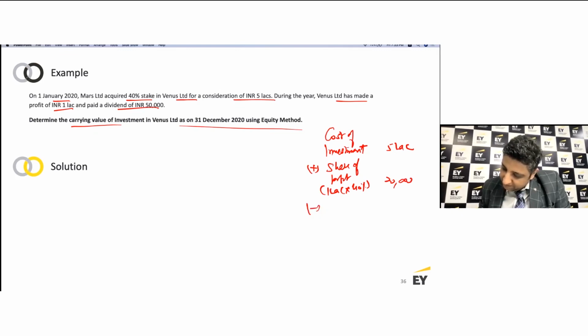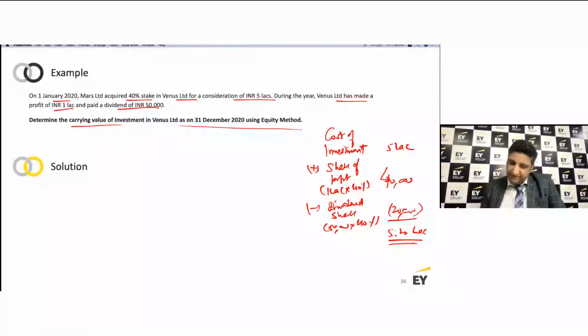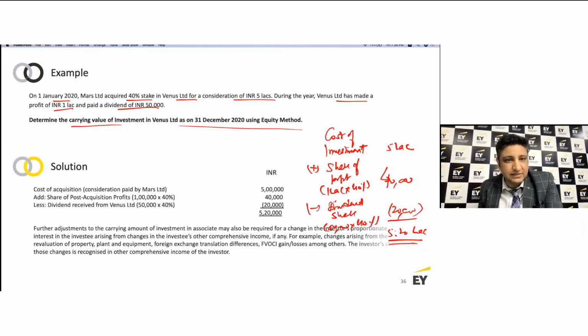You add that minus dividend share, which is 50,000 into 40%, which is 20,000. So effectively, the carrying value of the investment as on 31st of March will be 5.2 lakh rupees, right? That's a very straightforward calculation that we could do.